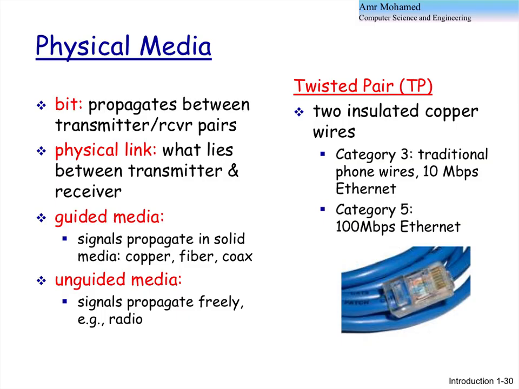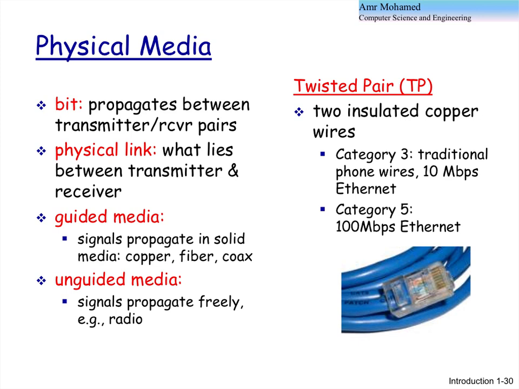What does guided mean? Guided means the entire signal is going through a specific direction. What is the other alternative? Unguided. Unguided means the signal dissipates in different directions, which is wireless.